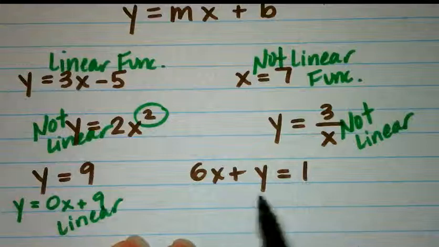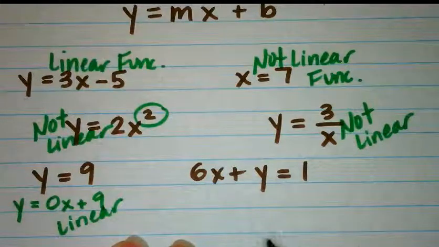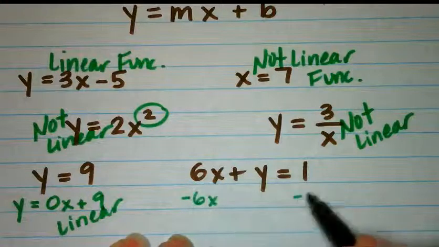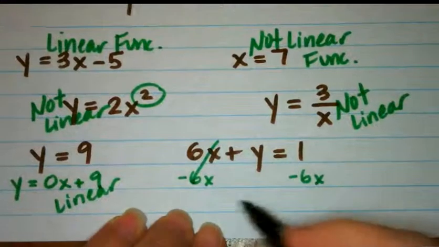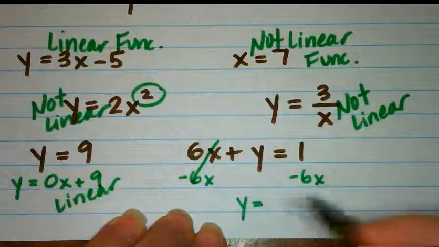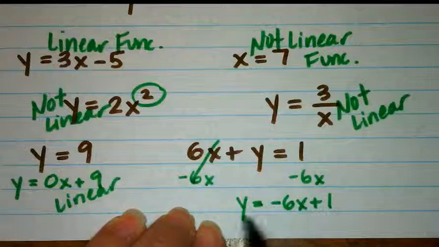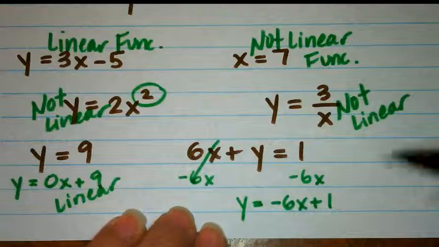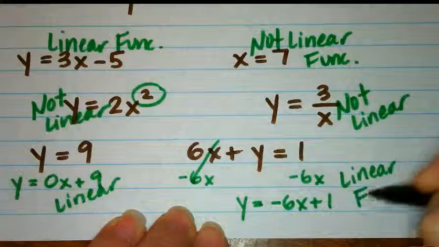I could write this in the form y equals mx plus b. What I would need to do would be to subtract the 6x from both sides. When I do that, I will end up with y equals negative 6x plus 1, and that is the form y equals mx plus b. So this one is a linear function.